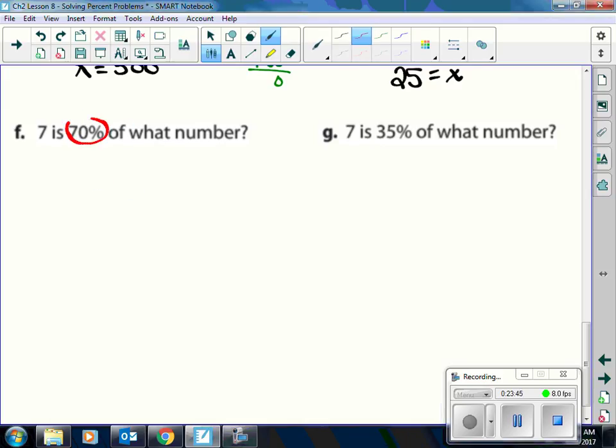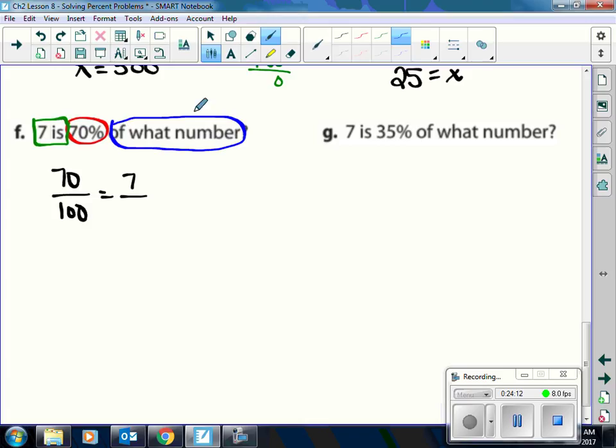So that's going to be 70 over 100 is equal to the is number, or the part. So the part is 7. So that's going to be 7 over the of number, which is what we're solving for. So that's going to be our x. Okay?